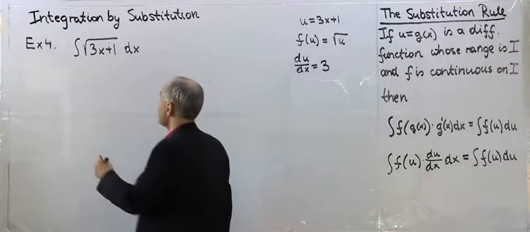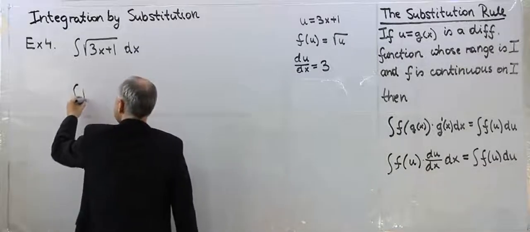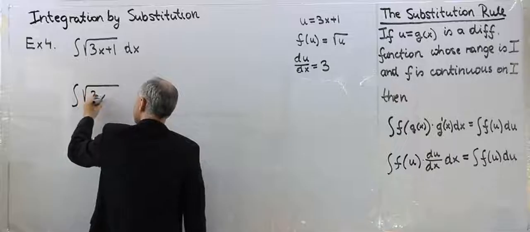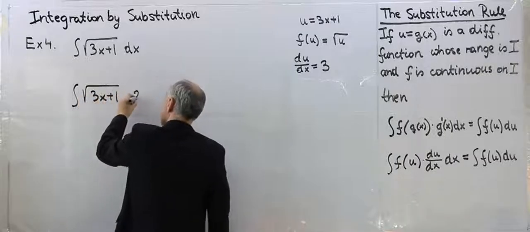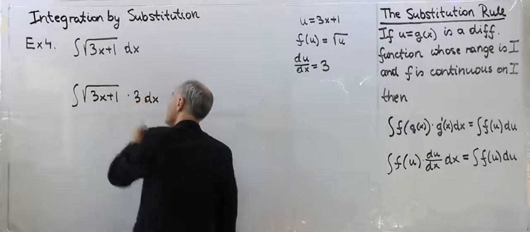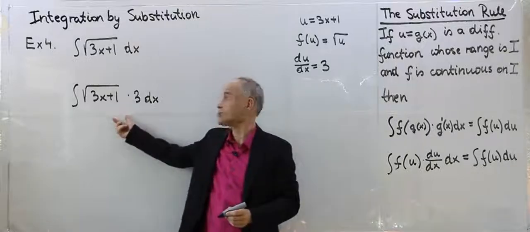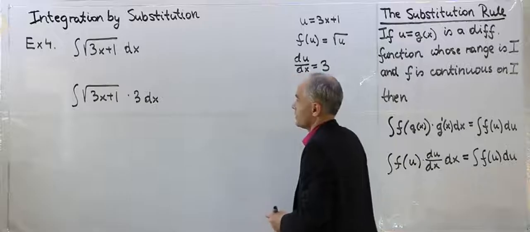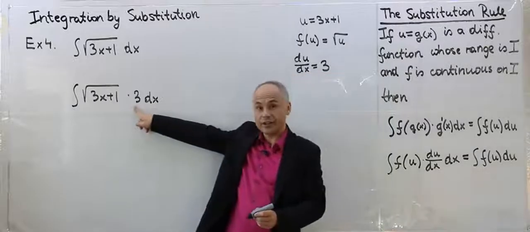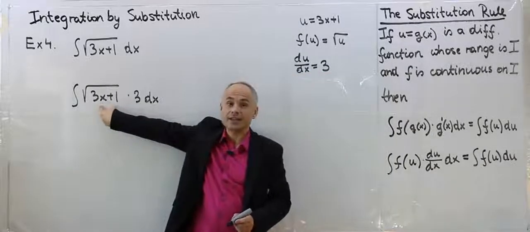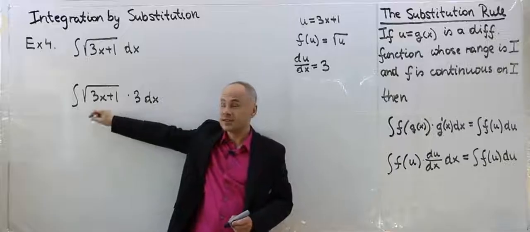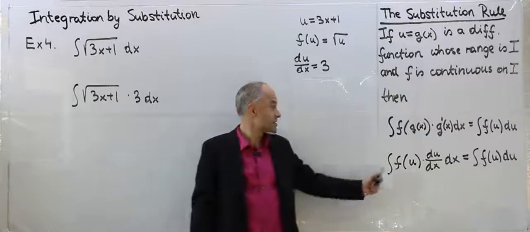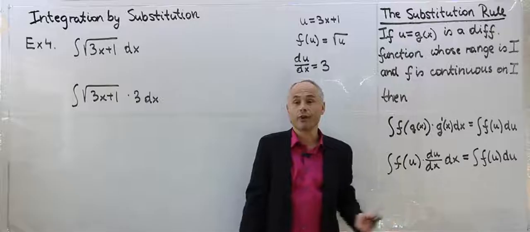But on the other hand, if I was asked to integrate the square root of 3x plus 1 times 3 dx, then 3 is the derivative of 3x plus 1. So this integral matches the form that we need.